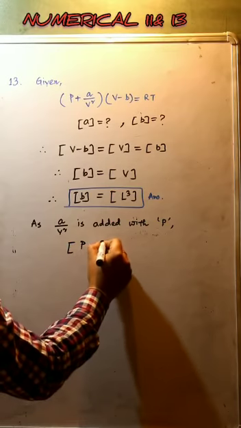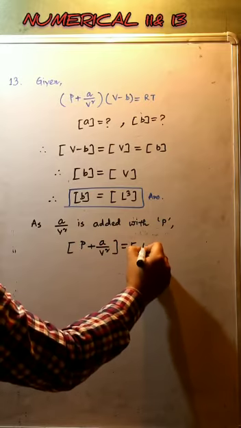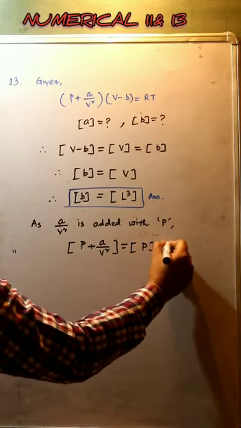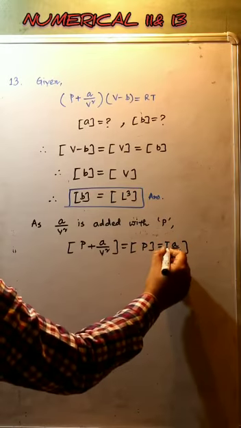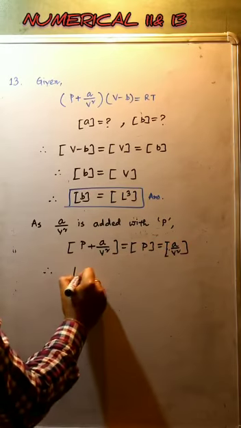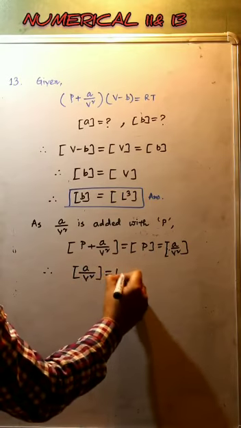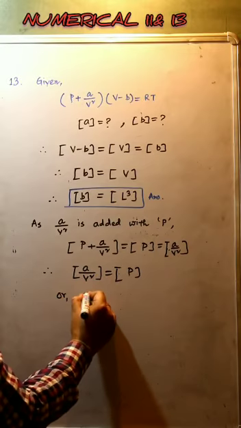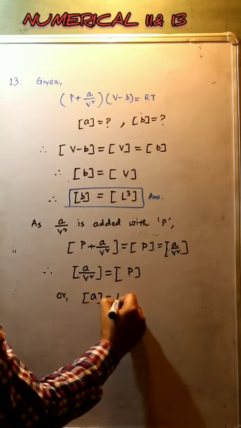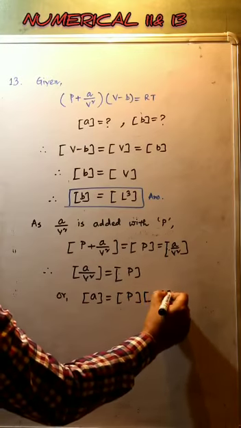Dimension of P plus A by V square will have the same dimension of pressure, so they will have the same dimension as A by V square. Therefore, we can say that dimension of A by V square is equal to dimension of pressure. So, therefore, dimension of A is equal to dimension of pressure into dimension of square of volume.